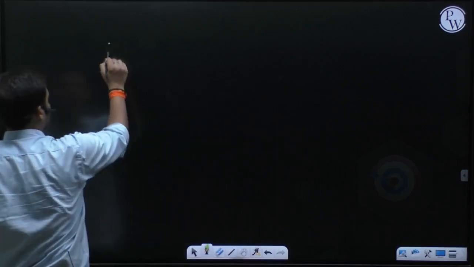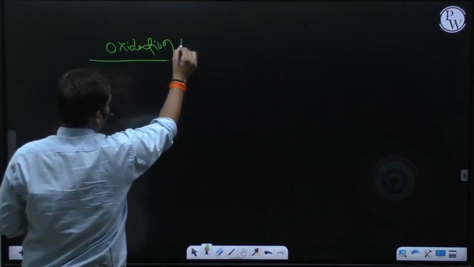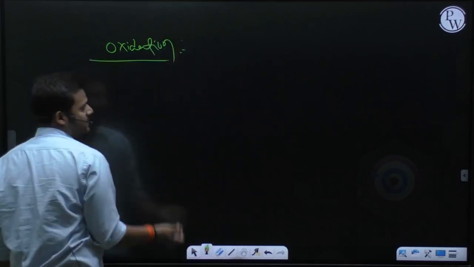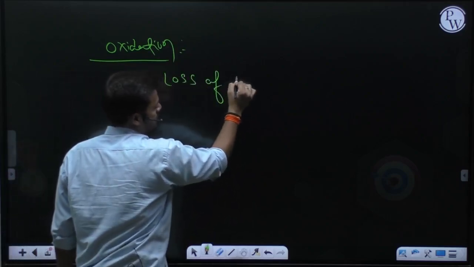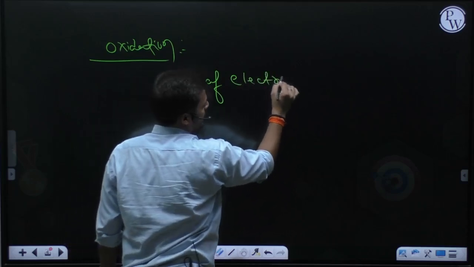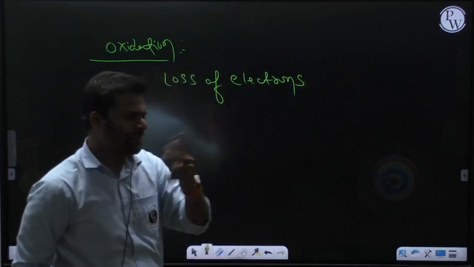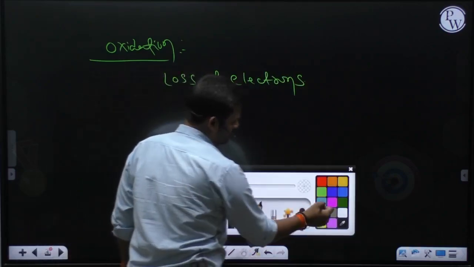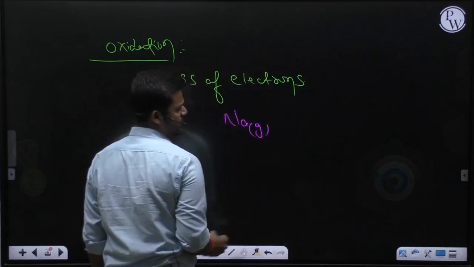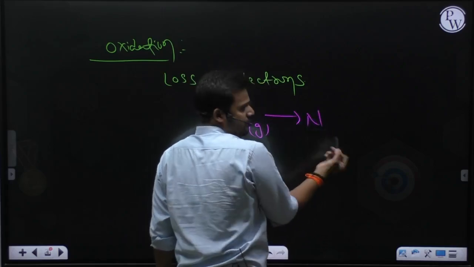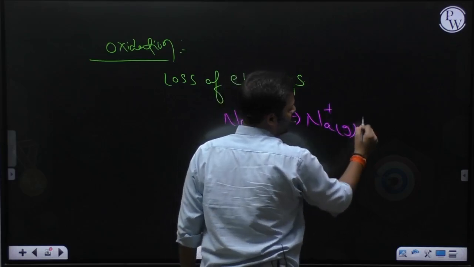So what is oxidation? Oxidation is defined as loss of electrons. Loss of electrons is called oxidation. A very simple example. Let's say I have sodium in the gaseous state, right? Sodium will become Na plus and it will lose an electron.